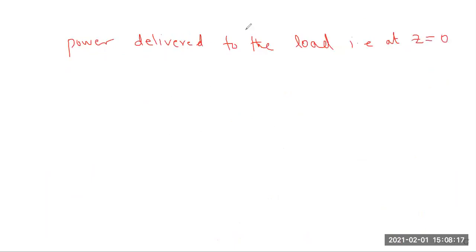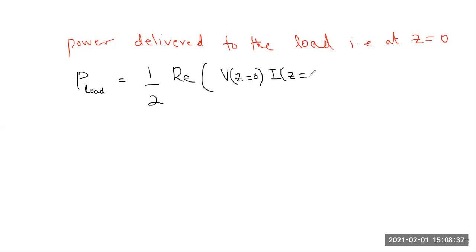For this particular case, the power delivered to the load must be equal to 1 by 2 real part of the voltage at Z equal to 0 multiplied with the current at Z equal to 0, and we need to take its conjugate.